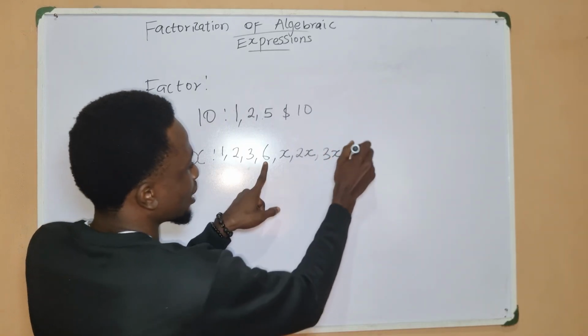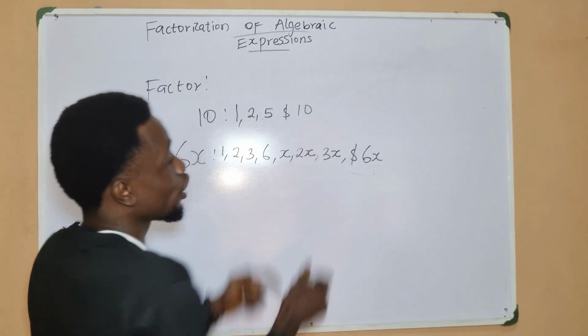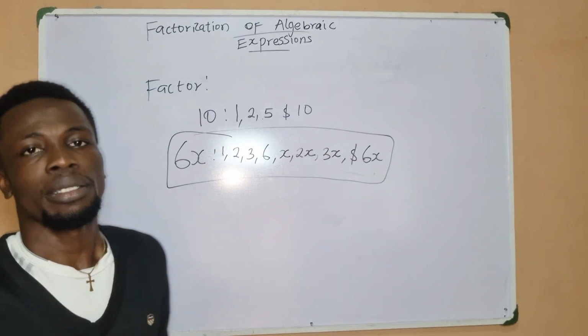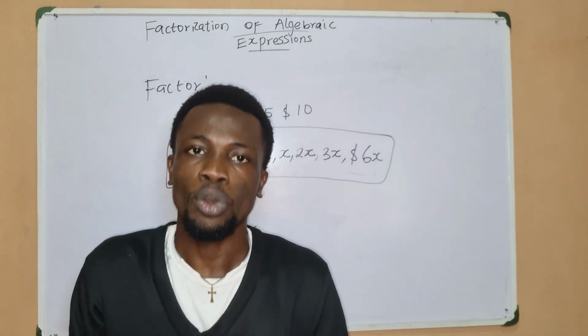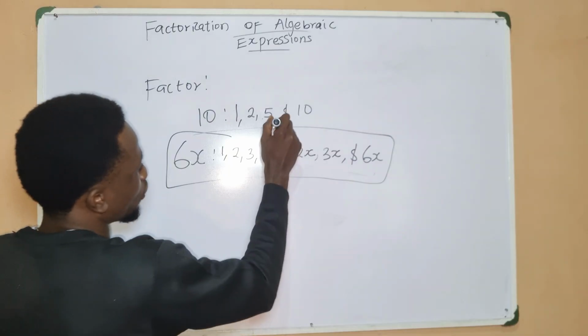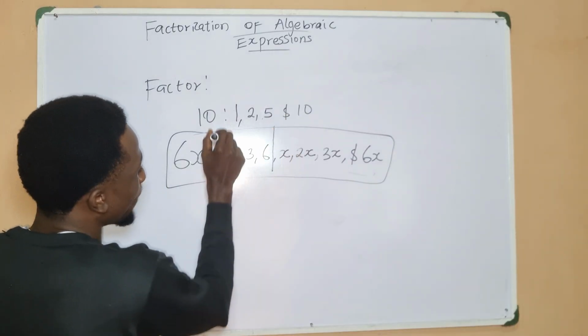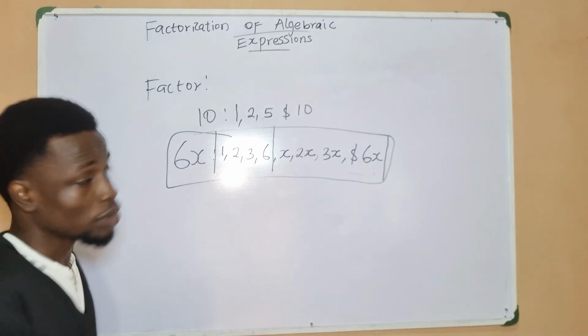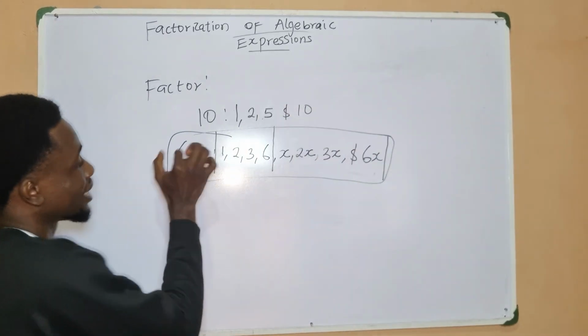And in terms of 6, I'll write 6x. So this is the complete set of factors of 6x. Now, what did you notice here? You notice that it is separated into numbers, then the algebraic terms joined together. So these are the complete factors of 6x.